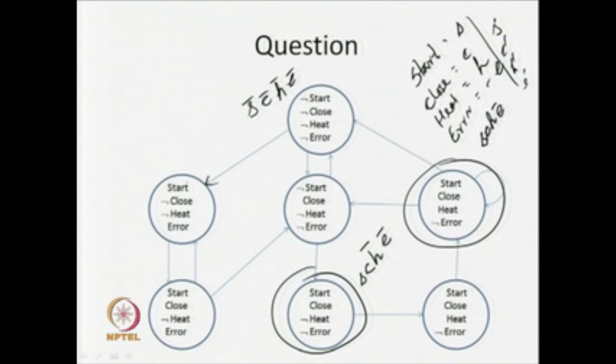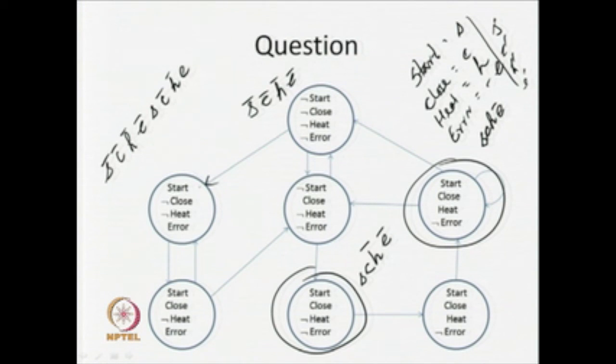So, this particular transition can be represented like this: it is going from S bar, C bar, H bar, E bar to S, close bar, H bar and E. Okay. So, this is the present state, this is the next state.